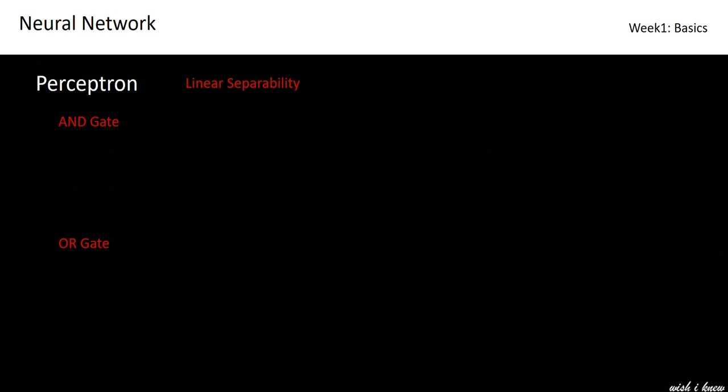From now, we're going to talk about some logic gate implementation using a perceptron. Let me go over a simple logic gate. Say we have two variables like x0 and x1.